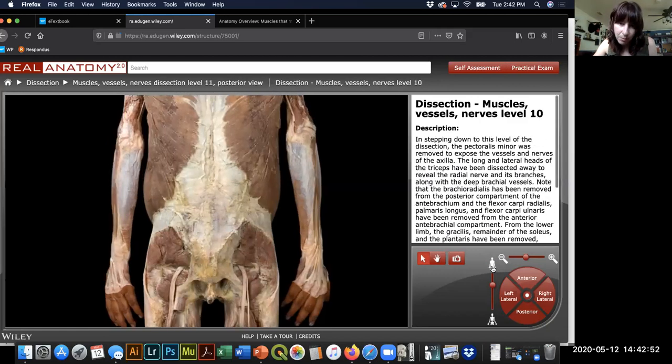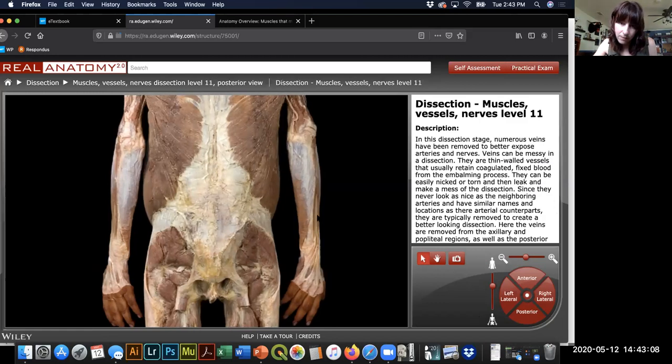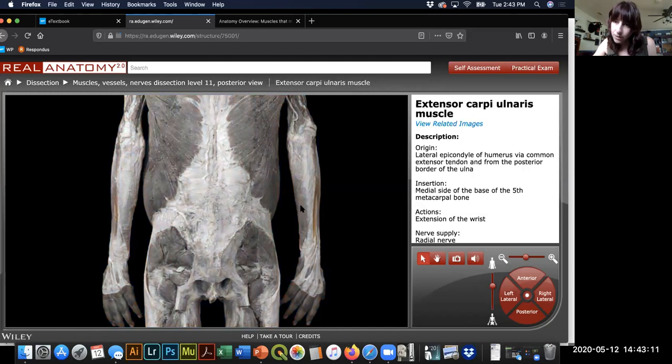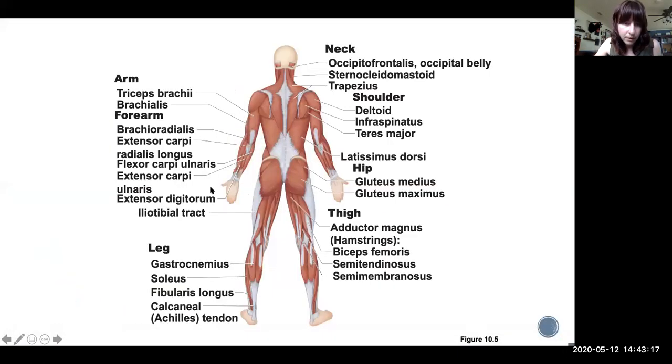Why they dissect away the muscles with the fascia, I am not sure. Can I get any of these guys individually? Oh, here we go. Here's the extensor carpi ulnaris. Okay, so that is going to be that one in the middle.